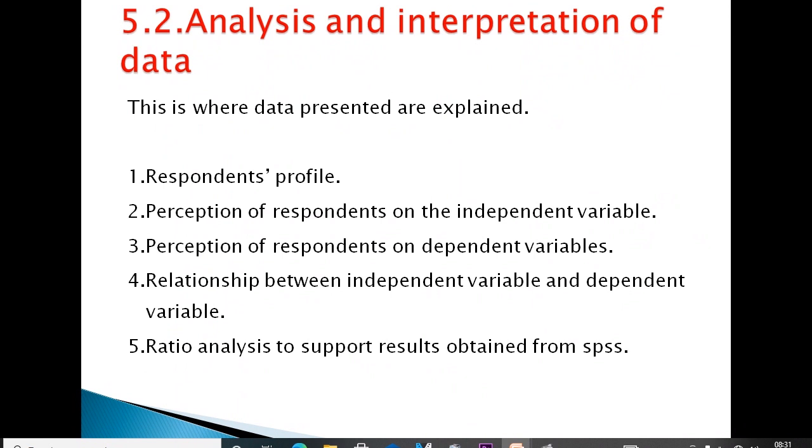He can even use ratio analysis to support his results obtained from SPSS. SPSS, for example, is the software which is used to analyze data. He can use it and show ratio analysis to support his results.